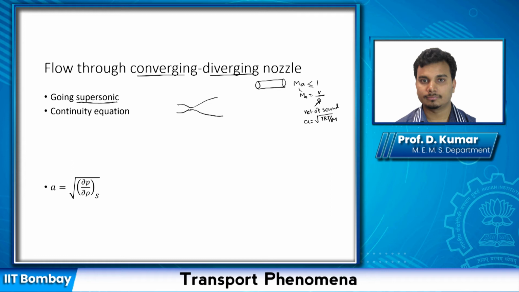So the reduction in area is much faster compared to the expansion in area, and that has to do with boundary layer separation, etc. I won't get into that, but this is just for information that you will see a strong gradient here. So this is your converging section. This is your diverging section.